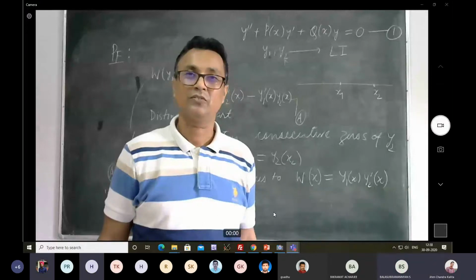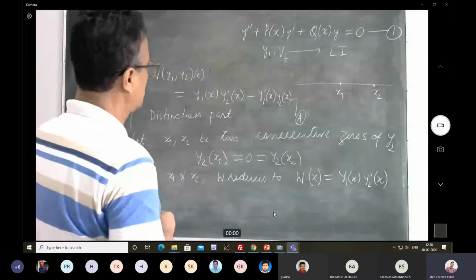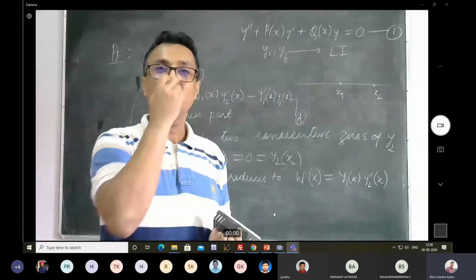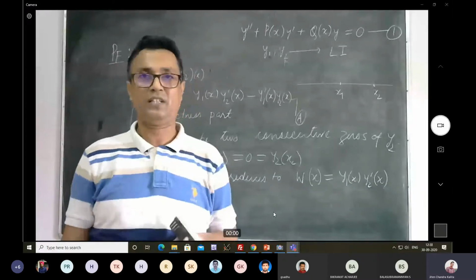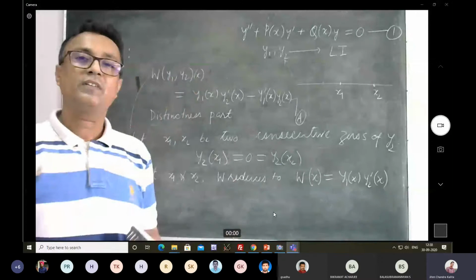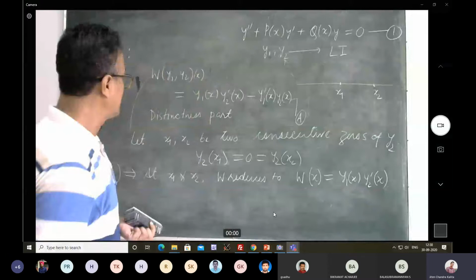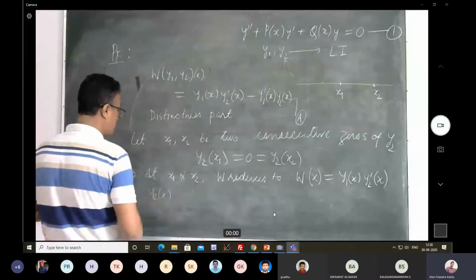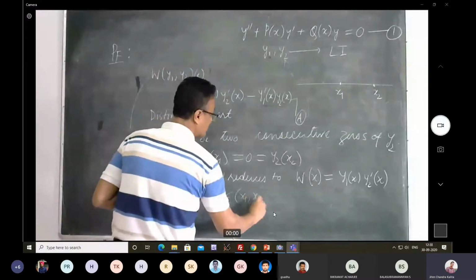Yes? Okay. So now, because y1 and y2 are linearly independent, they cannot be the trivial solution, because otherwise this set is going to become linearly dependent, right? So y1 and y2 are not 0, so definitely I can assume that y2 is greater than 0 for all x belonging to this interval.